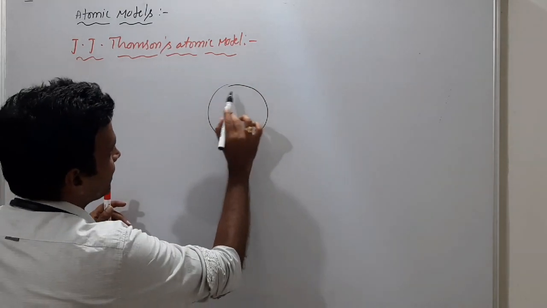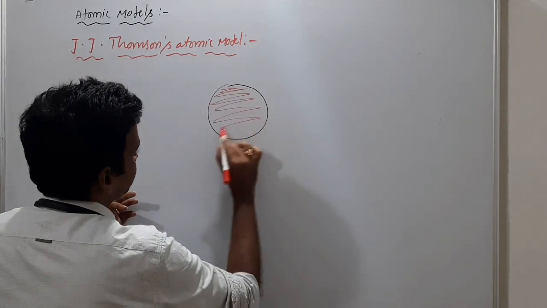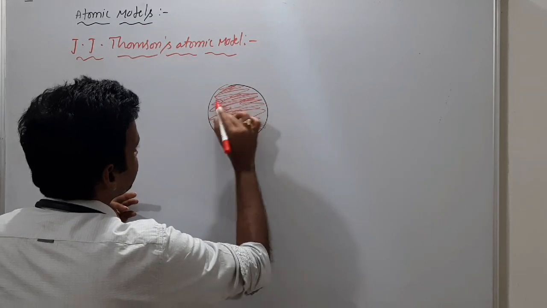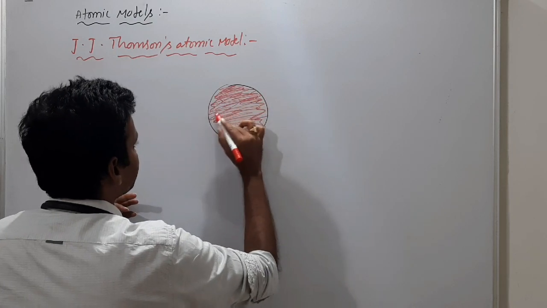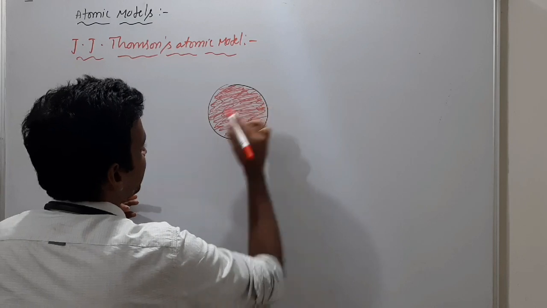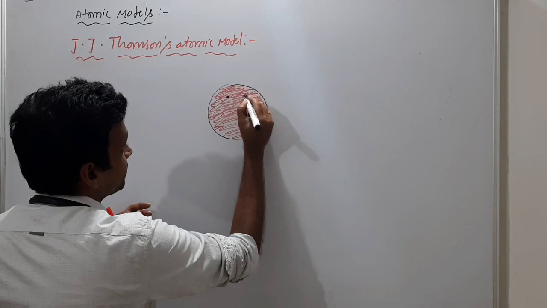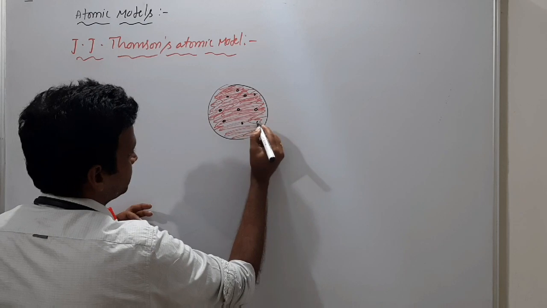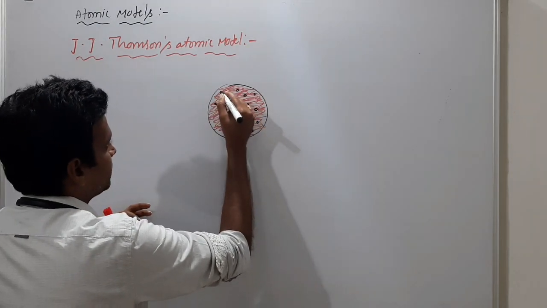And here you have a red area, correct? Here you have a red area like this. It's a marker, no, so I cannot draw it properly. Here you have electrons like this. These are called seeds, right? So here you have black color seeds.